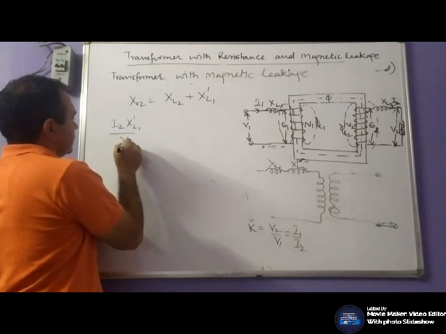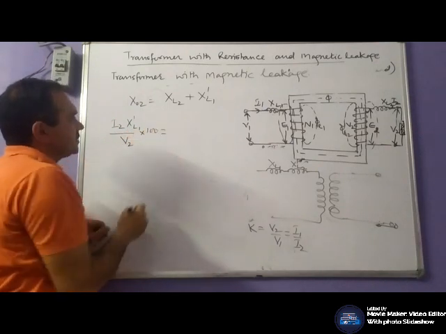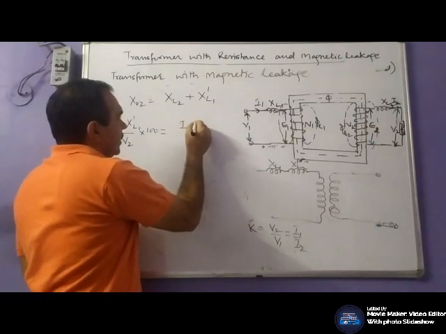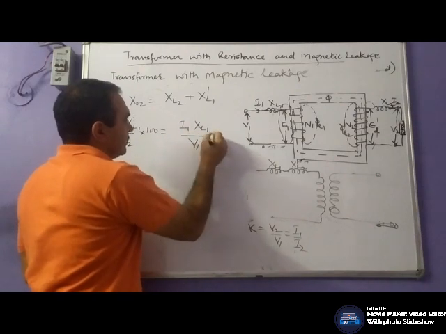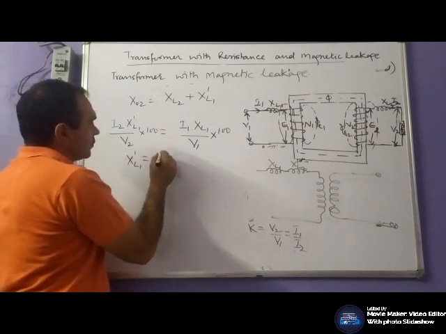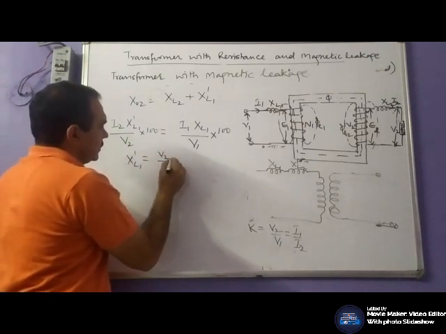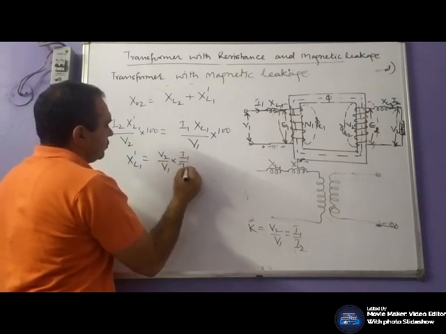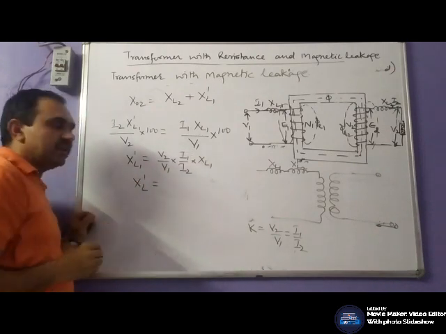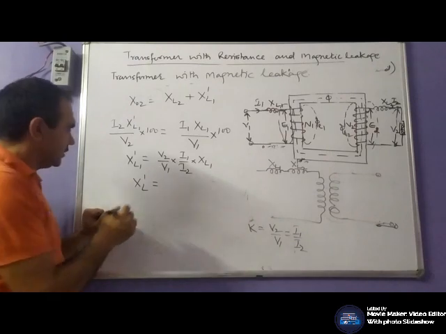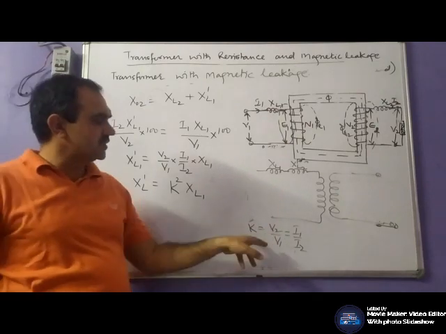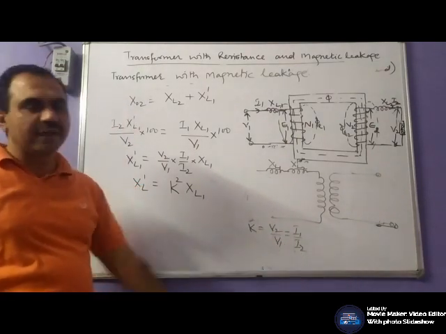The percentage of voltage drop should remain the same. What was its percentage of voltage drop on the primary side? I1 XL1 by V1 into 100, and XL1 dash would be equal to V2 by V1, I1 by I2, XL1. So the primary reactance referred to the secondary side would be K square XL1, where V2 by V1 is K, the transformation ratio, or I1 by I2 is K.